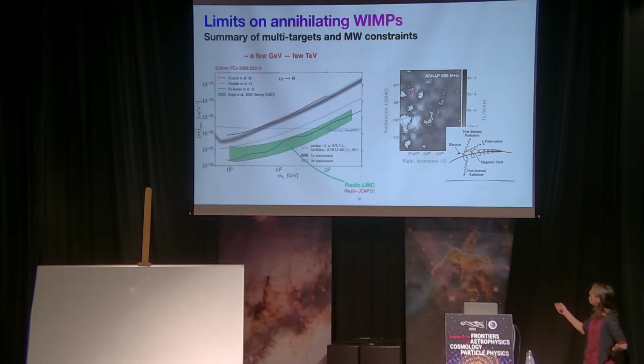By making a fit to the astrophysical model for the Large Magellanic Cloud plus the synchrotron emission from those electrons from dark matter, you can set constraints on the dark matter annihilation parameter space, where the band here accounts for systematic uncertainties in the dark matter profile within the Large Magellanic Cloud, as well as the cosmic ray propagation.